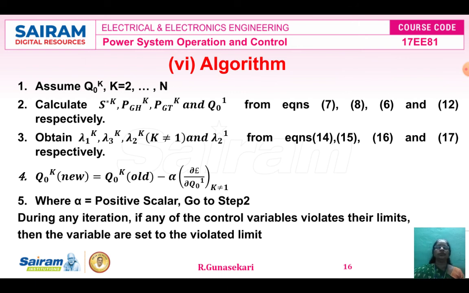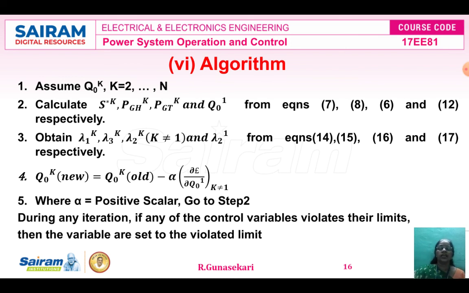So up to this we studied the Lagrange function. The last one is the algorithm. How do we write the algorithm for the discrete time interval method? The first step is the water discharge in the kth time interval, q0k for k equal to 2 to n, which is the independent variable.